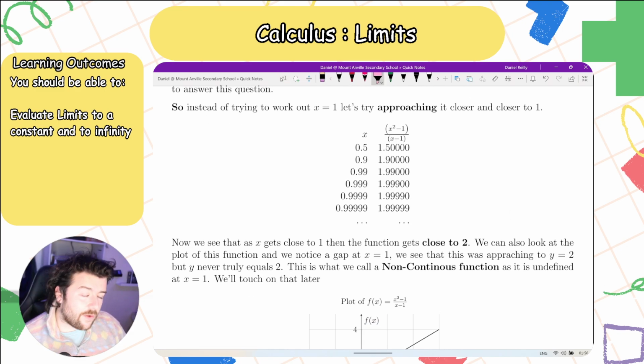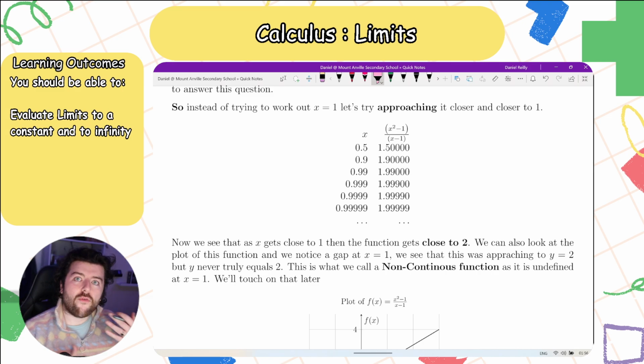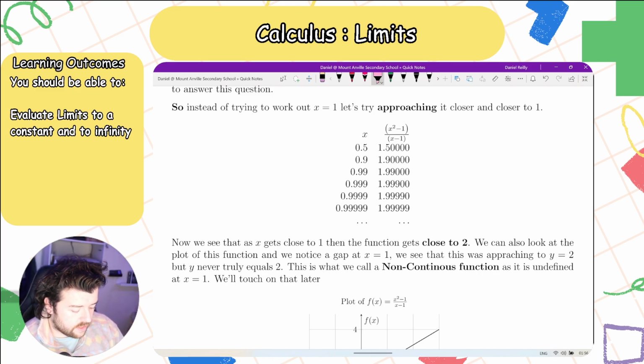Instead of trying to work out x equals 1, let's approach x equals 1. As my x value gets closer and closer to 1, so when x equals 0.5, my function equals 1.5, then 0.9, 1.9, 0.99, 1.99, 0.999, 1.999, and so on.